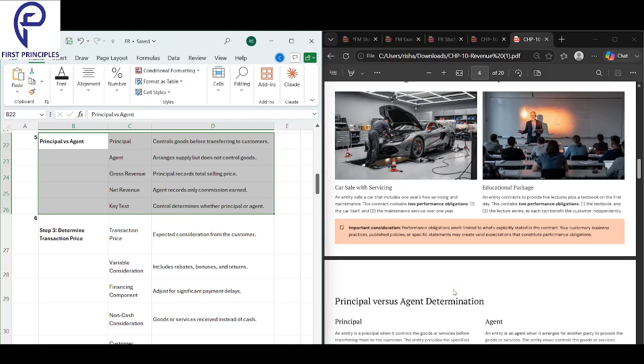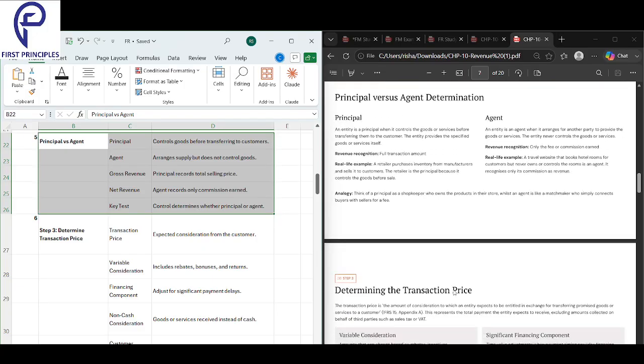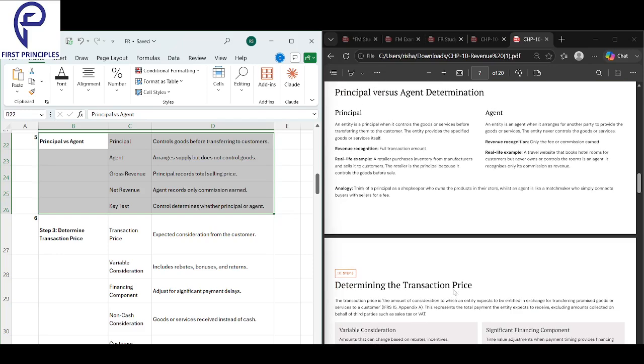So if you look at principal versus agent, the principal is the one who controls and owns the good. The agent is the one who just makes the buyer and the supplier meet. Gross revenue: the principal will record the total selling price, whereas net revenue: the agent will only record the commission earned. The best example is MakeMyTrip and Qatar Airways.